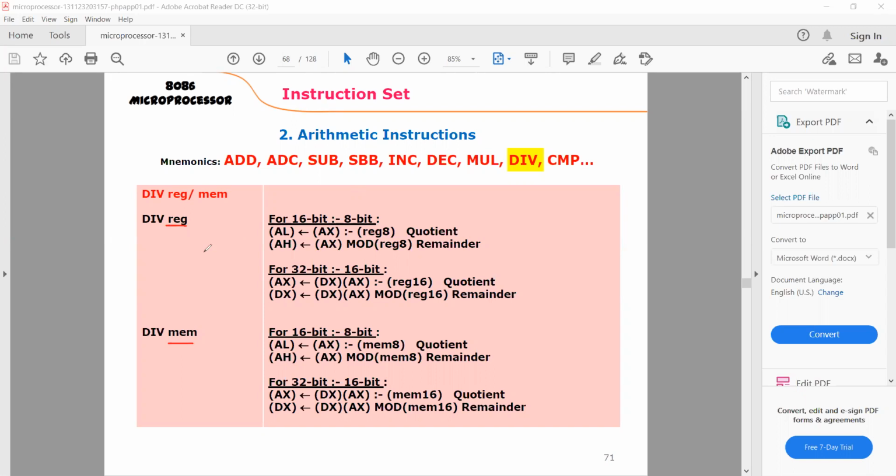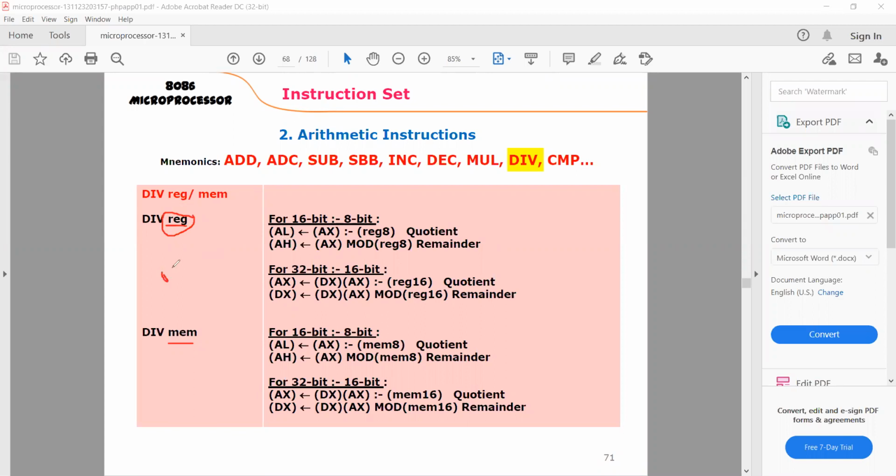When you take a division operation, you will have a divisor and a dividend, right? Only the divisor is specified in the instruction.